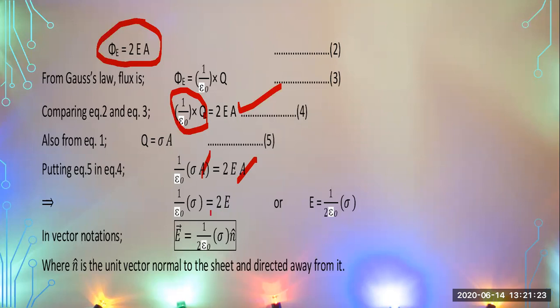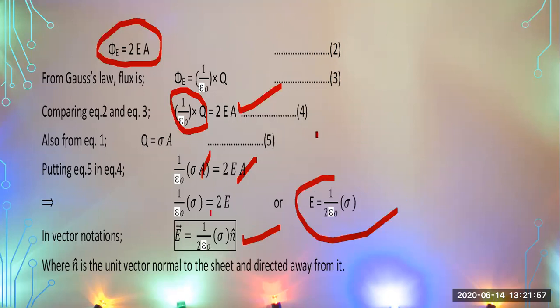You put in the value of the charge by using the definition of surface charge density and area. After putting it in, you get the formula E equals 1 over 2 epsilon naught sigma n hat, where n hat is a unit vector which shows the direction in which you are calculating the electric field intensity. Either you consider the whole surface, or a portion of that surface to make it easier to understand. So this is the formula to calculate electric intensity.